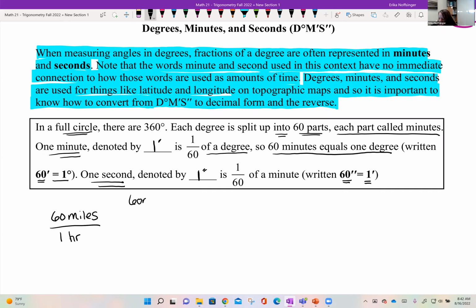And we want to convert this to, let's say, feet per second. Okay, so let's first deal with the miles. We need to figure out how many feet there are in 1 mile.